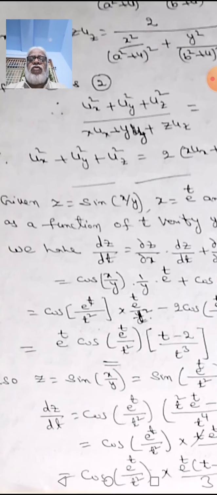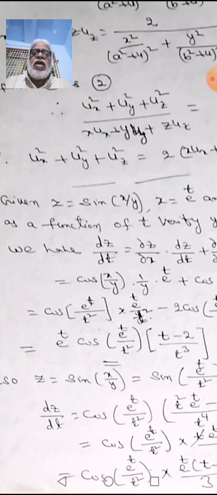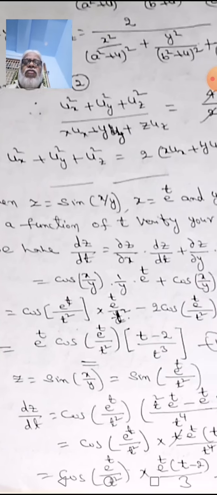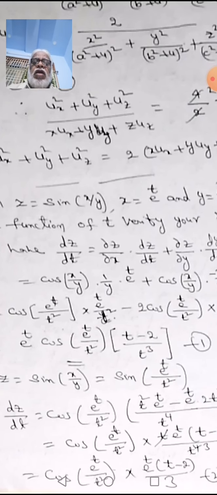So what is the value of dou z by dou x, where z is equal to sin of x by y? Then dou z by dou x is cos of x by y, because the derivative of sin is cos of x by y, into the internal derivative of x by y with respect to x, which is 1 by y, into dx by dt.